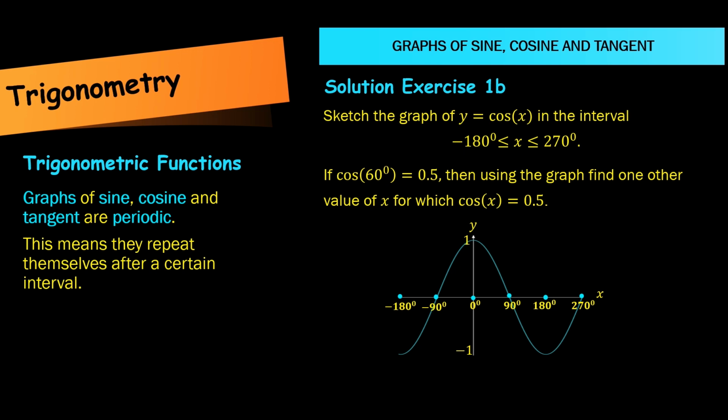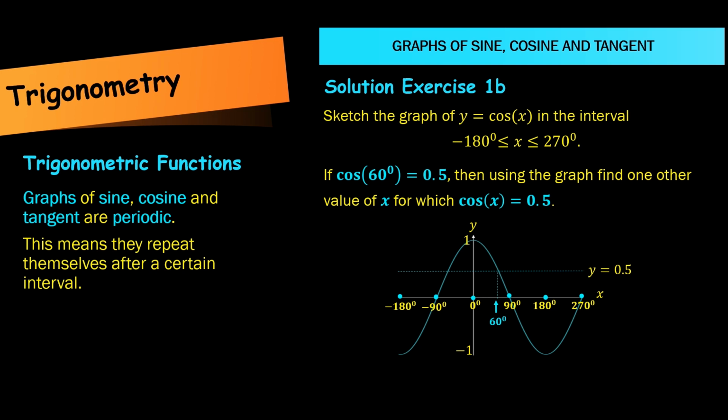Now if cos 60 degrees equals 0.5, then using the graph find one other value of x for which cos x equals 0.5. Here we've sketched the graph of the line y equals 0.5.